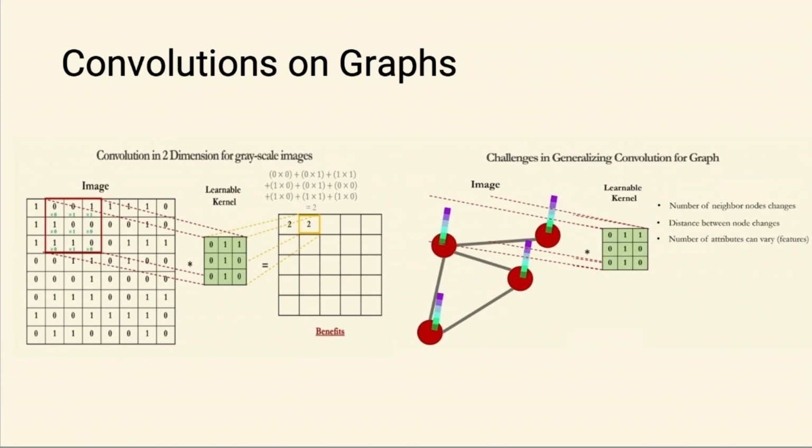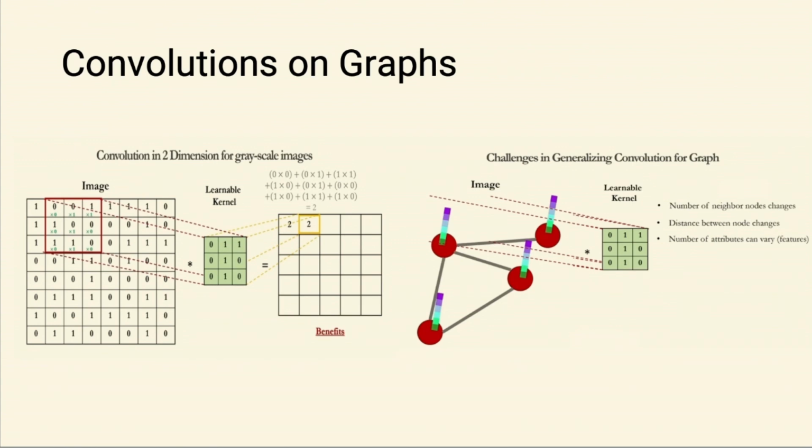So over here on the left side, you would see a typical two-dimensional image grid that has pixels in it. If you have seen any convolutional neural network tutorials, you'd probably have seen something like this, which is a learnable kernel that takes a patch of this image, and it swipes across this image one by one and computes this value over here, and so on and so forth.